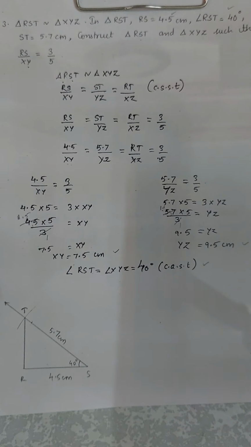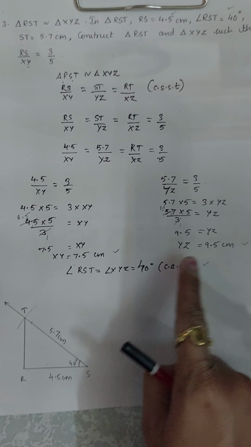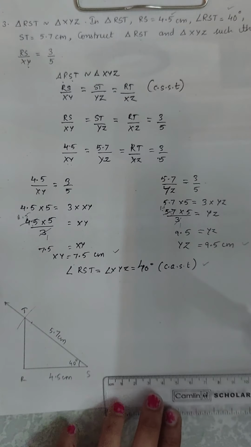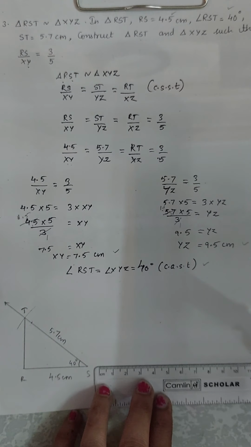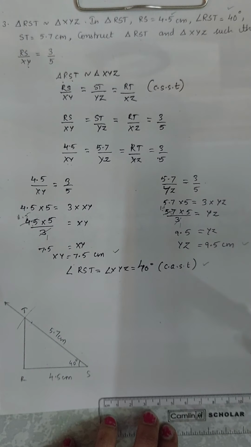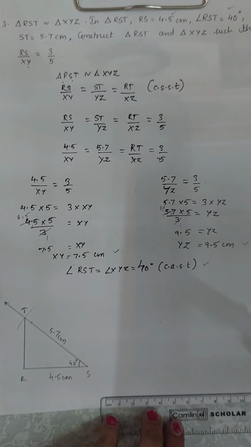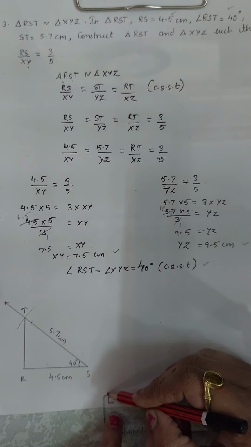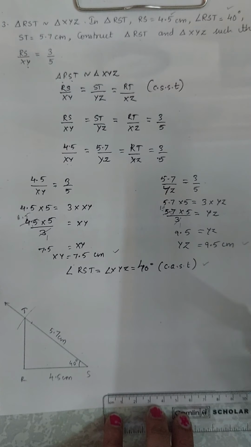Now we are going to draw the another triangle. So for drawing the another triangle, we have 1, 2 and 3. So similarly, we are going to take any one thing as a base. So if I take, suppose, 7.5 as a base. Okay, I take 7.5 as a base. I am taking it little down because the triangle might be bigger. So this is 7.5 here.